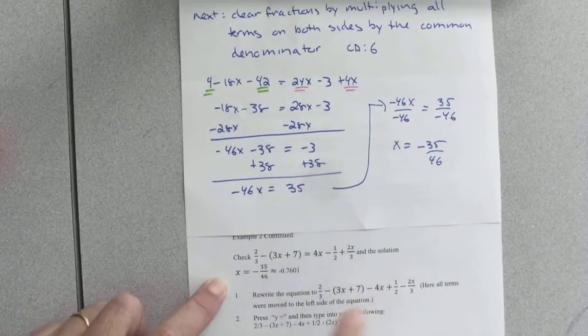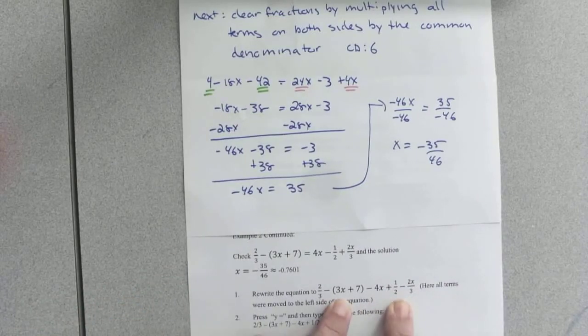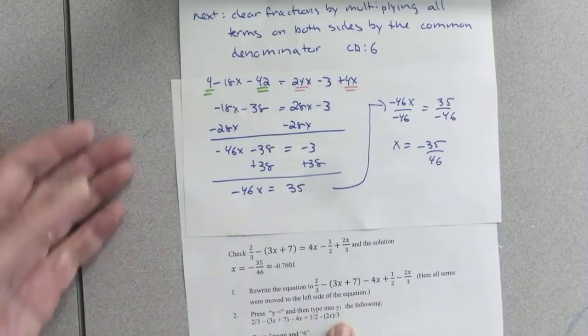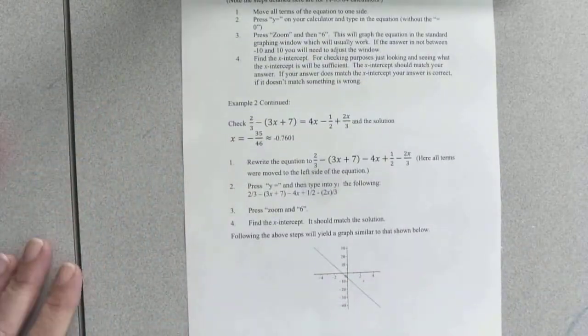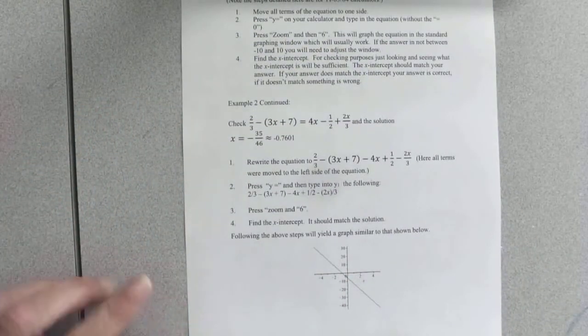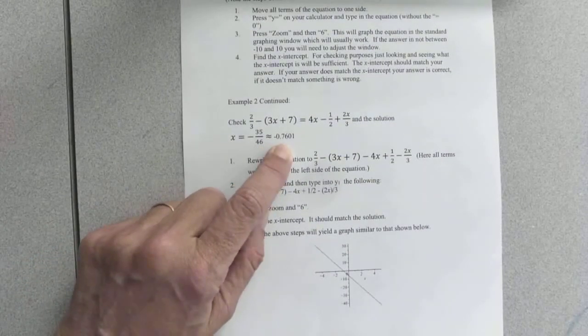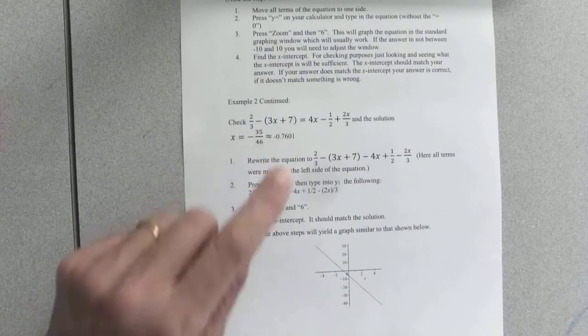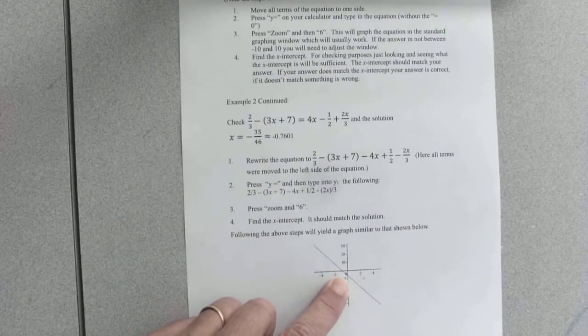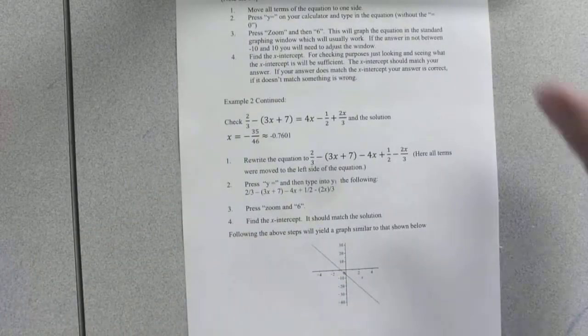I put it in there, get it all to one side, put it into y equals, and then you graph it. And there's a graph that I get, and we said that the answer was negative 35/46, which was roughly negative 0.76. And if I look at that picture there, and I should have really blown up the picture, so we will zoom in on the picture a little bit.